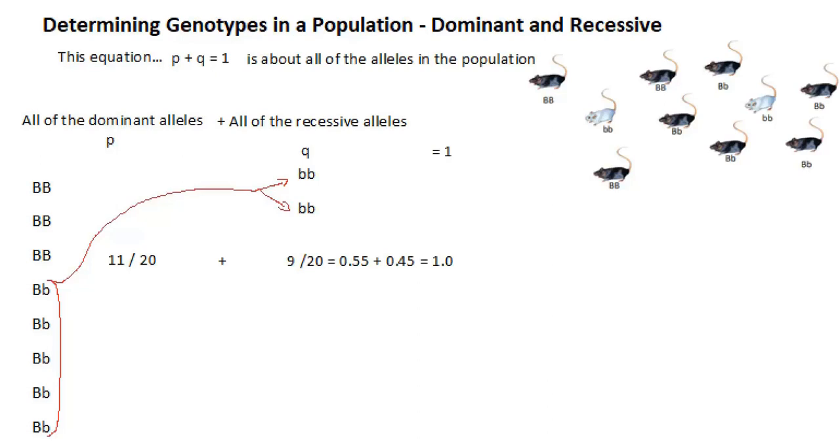What's 0.55 plus 0.45? That equals 1. So P and Q represent the number of alleles in a population. It's not about the number of individuals, it's about the number of alleles. That's what genetics is about, though, too, isn't it? It's about alleles.